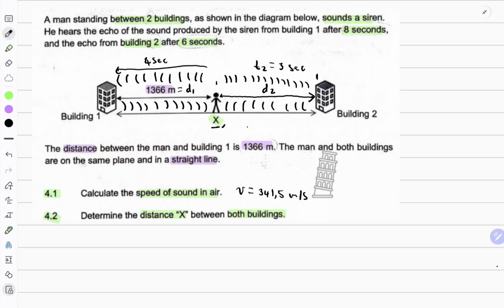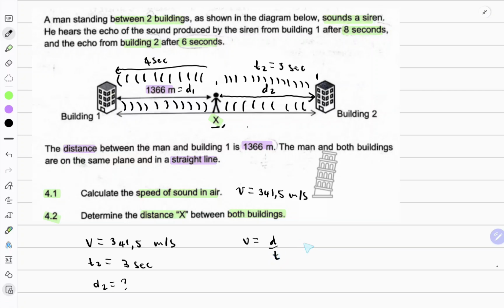And we also have the speed of sound in air to be 341.5 meters per second. We have the time it takes the sound waves to reach the second building to be 3 seconds, and we're looking for D2. We don't have that, so we can just use the speed equation, which is v equals distance over time.